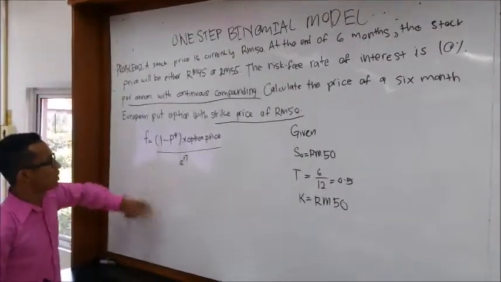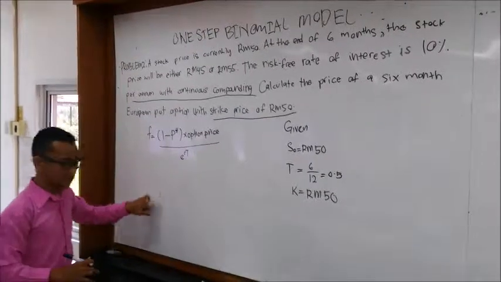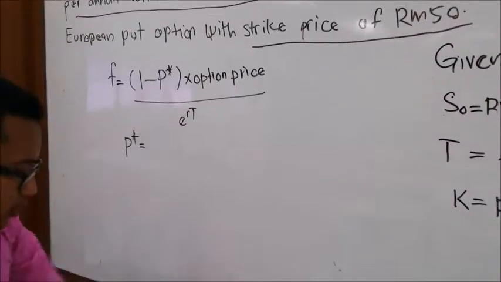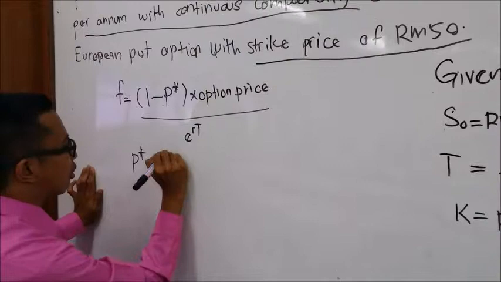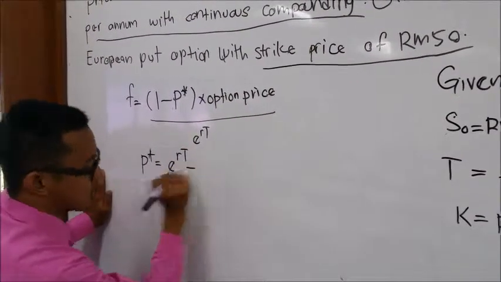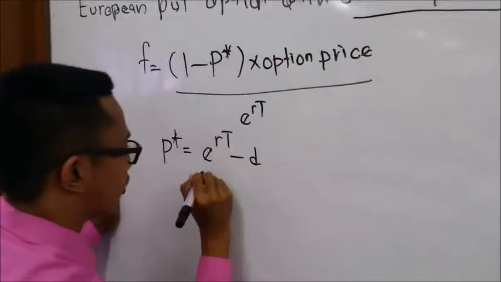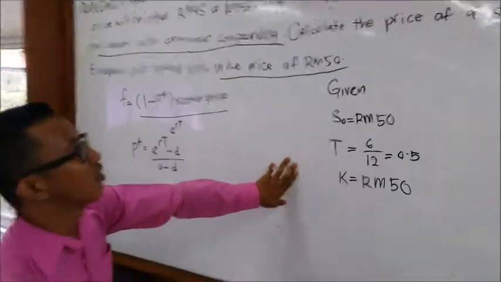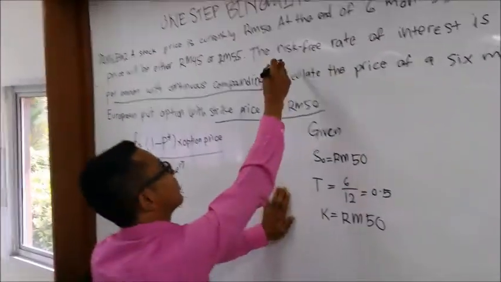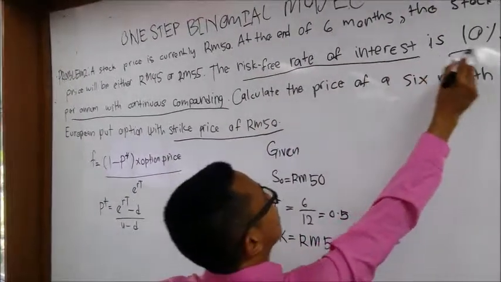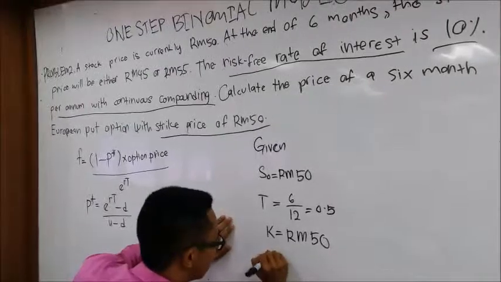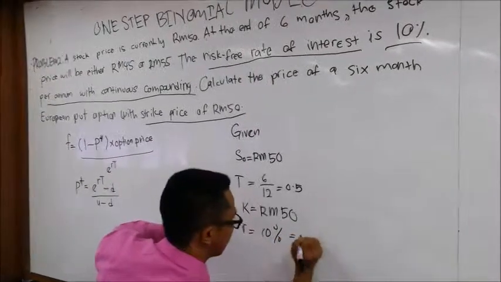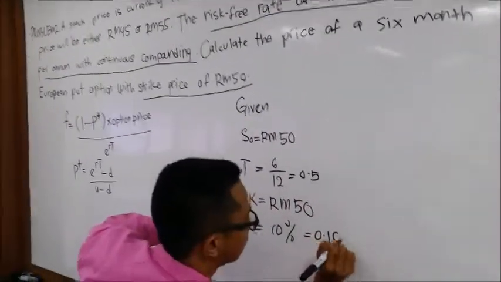For that, we need the formula for p star. It is given by e to the power of rT minus d, the whole thing divided by u minus d. We also have the risk-free rate of interest of 10%, which is r equals 10%, or converted into decimal, 0.10.